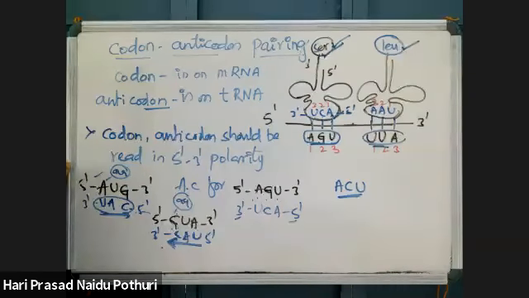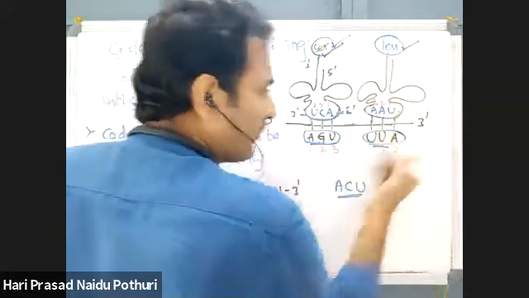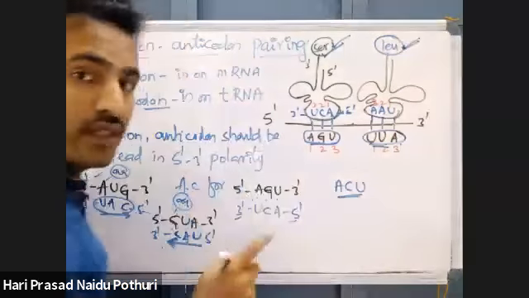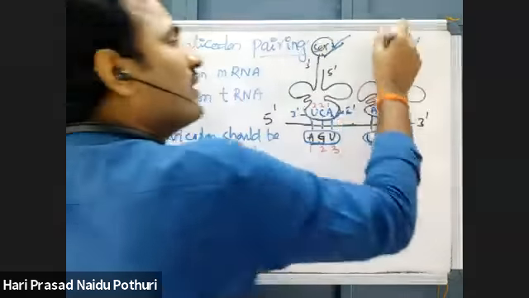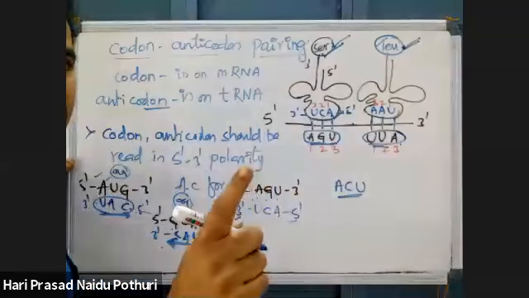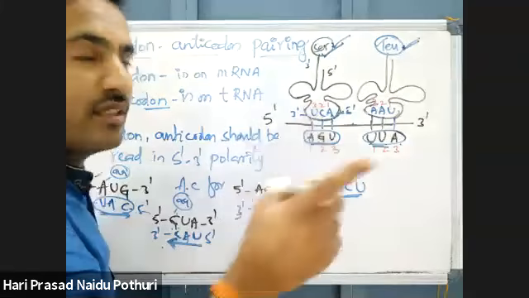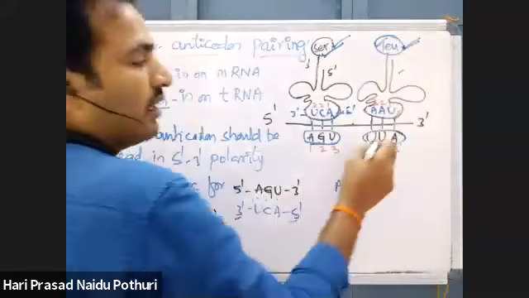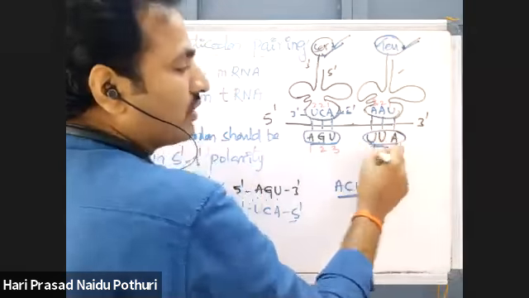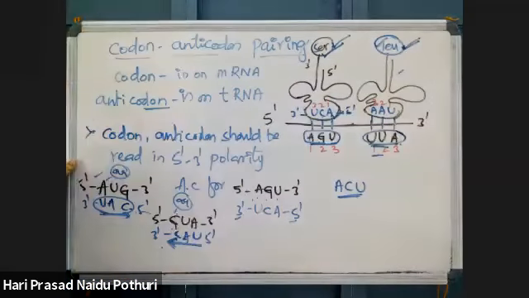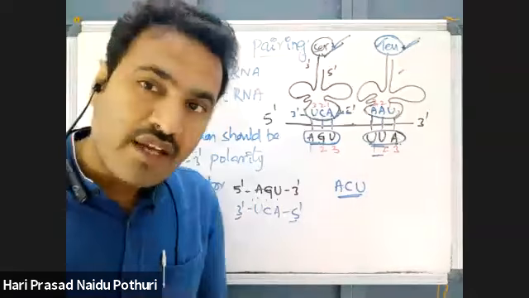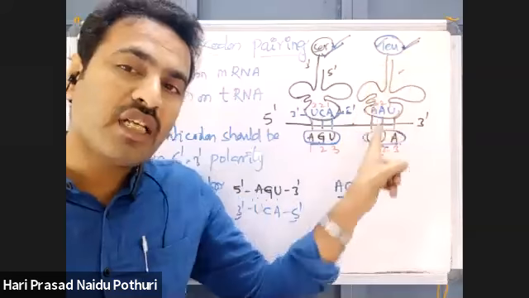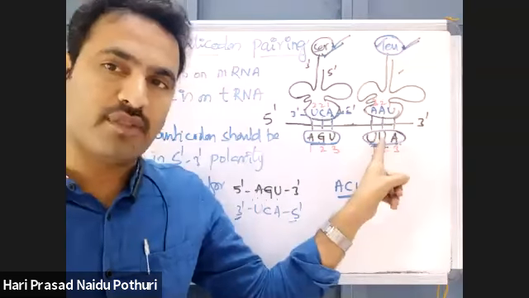That is highly specific. 20 amino acids, 20 different tRNAs. For the transfer of leucine there is one tRNA, and the codon which is coding for leucine is UUA. That means a particular tRNA only combines with leucine and transfers leucine to ribosomes. Right?